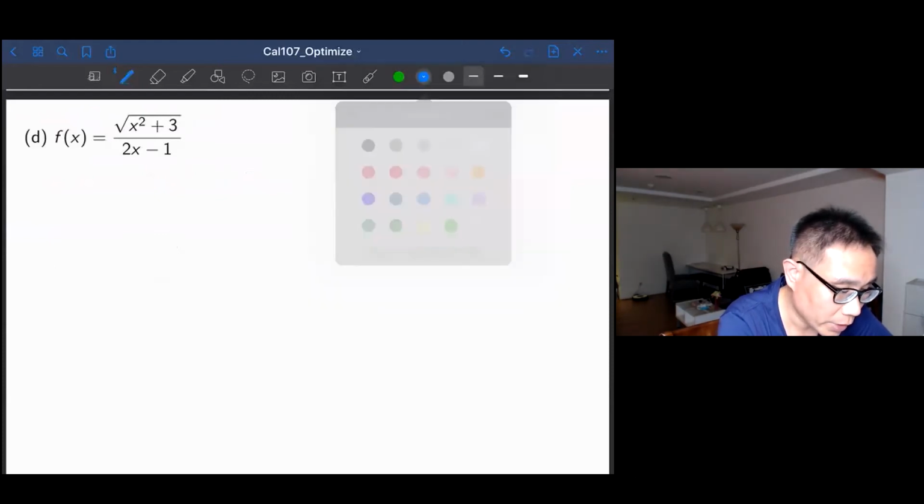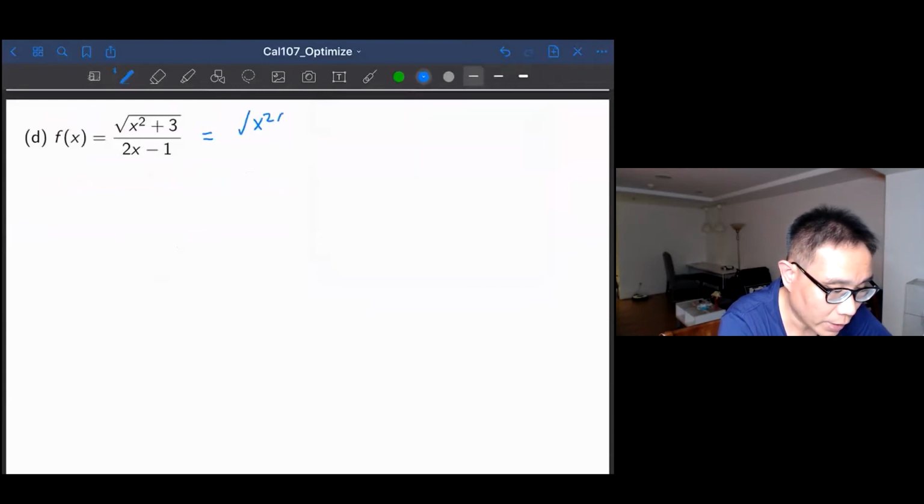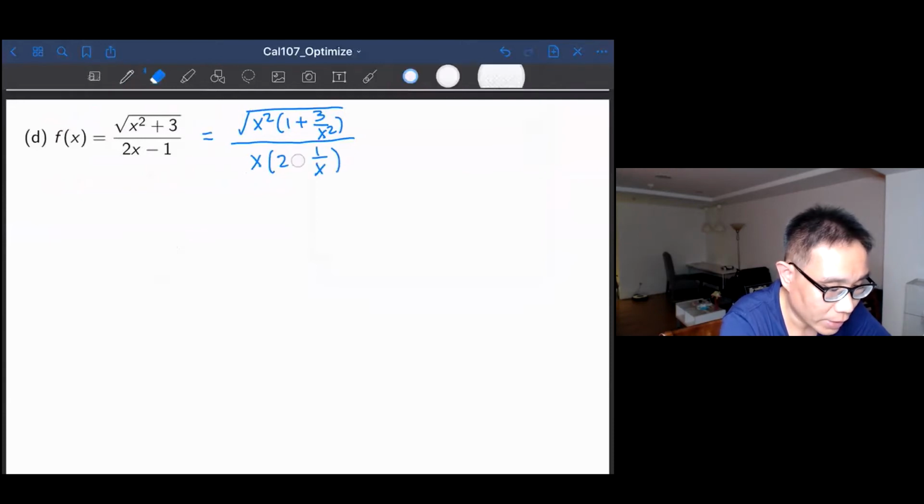So you see that this can be written as x squared, and you pull out, so you get 1 plus 3 over x squared. And on the bottom, you have x outside, and you have 2 minus 1 over x, not plus, so it's going to be a minus sign.